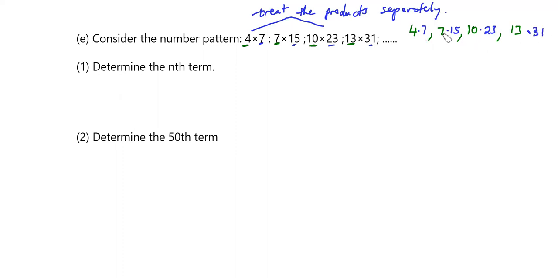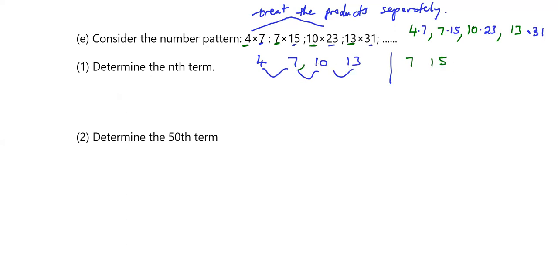So these are the sequences that you have: 4, 7, 10, 13, then 7, 15, 23, 31. So let's look at the first one, 4, 7, 10, and 13. Let's see what we have. We're also going to look at the next one, which is 7, 15.